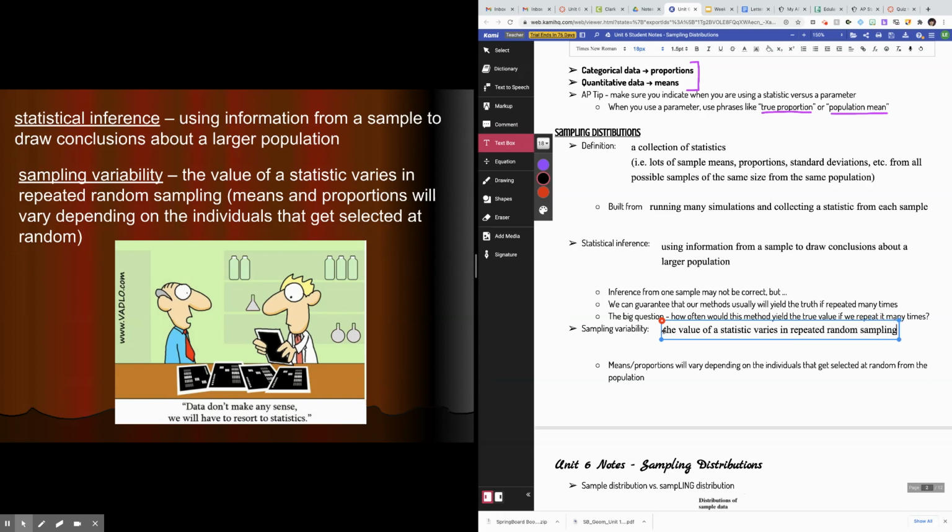I wrote it in slightly different terms at the bottom: means or proportions will vary depending on the individuals that get selected from a random population. That's what I mean when I say if we just take one sample, we don't know if that sample is an accurate representation of the population or of the truth.